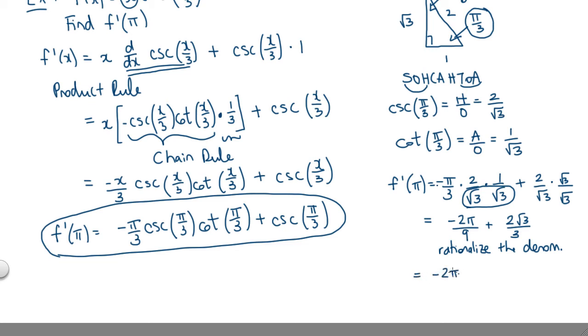So we get negative 2 pi over 9 plus, let's take our 2 root 3 over 3 and let's just multiply it top and bottom by 3 so that we get a common denominator here. And that way we can give our final answer. So really we're looking at minus 2 pi plus 6 root 3, and that's all over 9. So there's our final answer there.